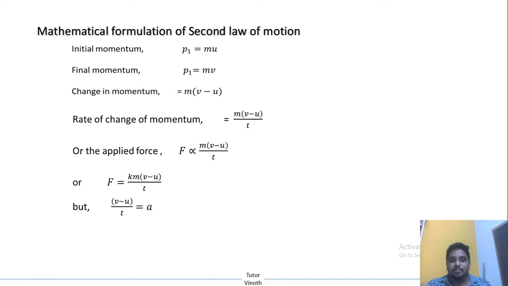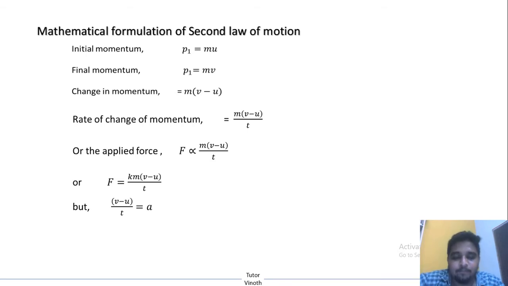What is the change of momentum in this? For that we calculate with the time per second how the momentum changes. For that we are using this formula. Then the rate of change of momentum equals m into (v minus u) divided by t.